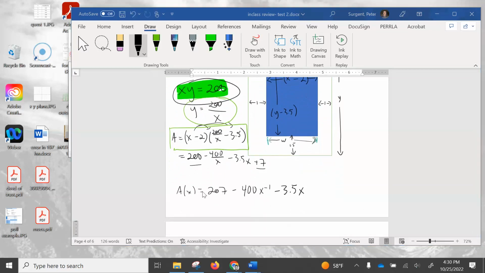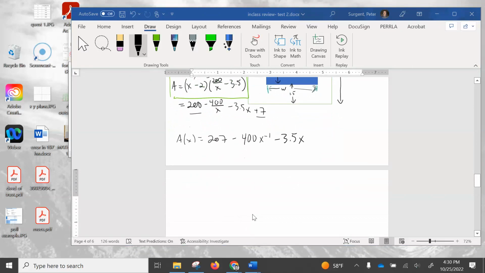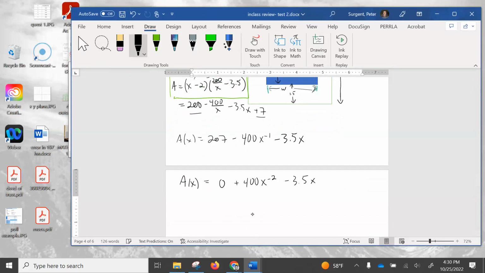Ella, did you get this area function? Well, I forgot to simplify the A, so I just did the product rule instead. You might have gotten it different. We'll see what derivative you get. Mine ended up being 400 over x squared minus 3.5.